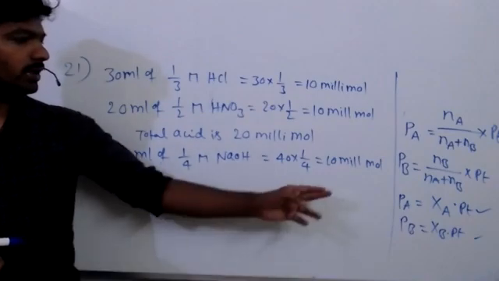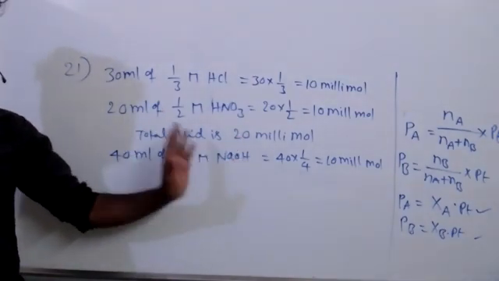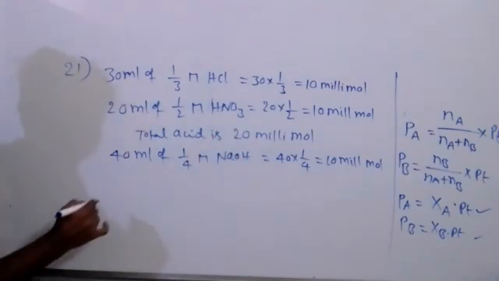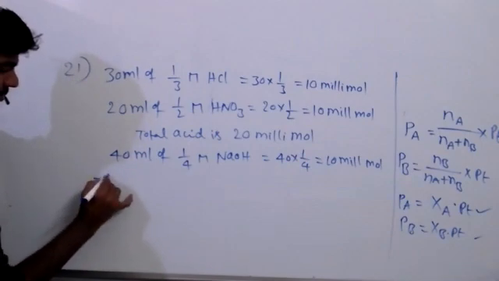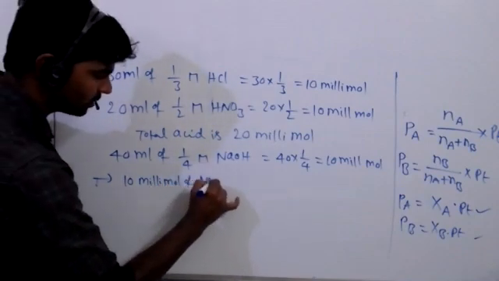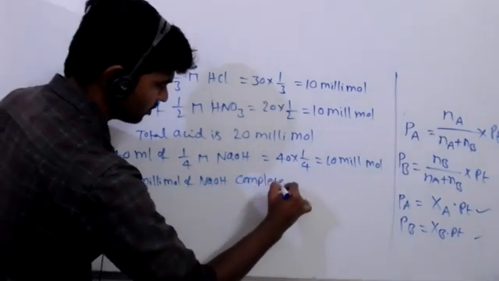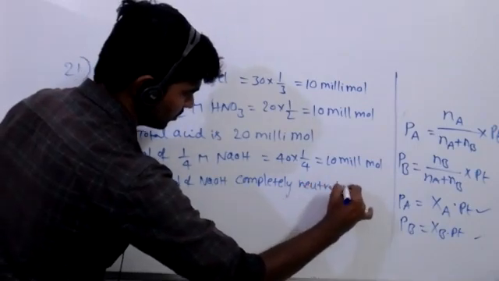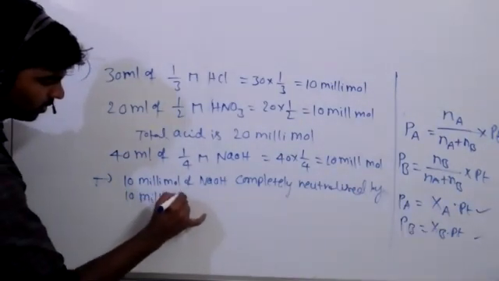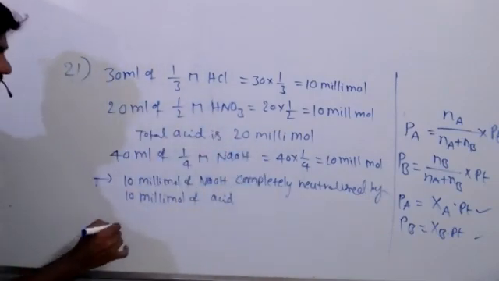Here 10 millimoles of NaOH is completely neutralized by 10 millimoles of acid. Still 10 millimoles of acid is left.